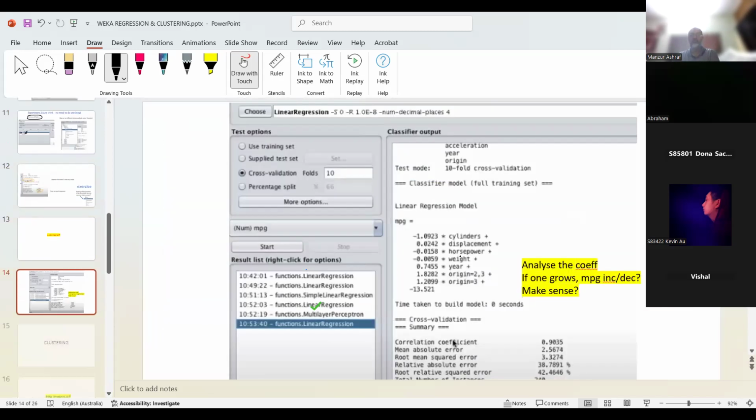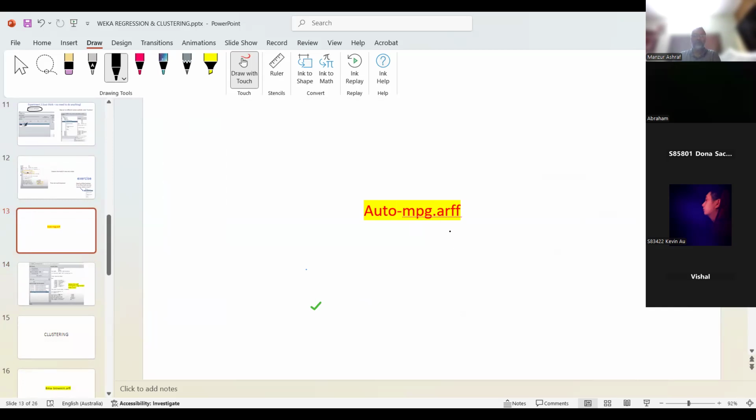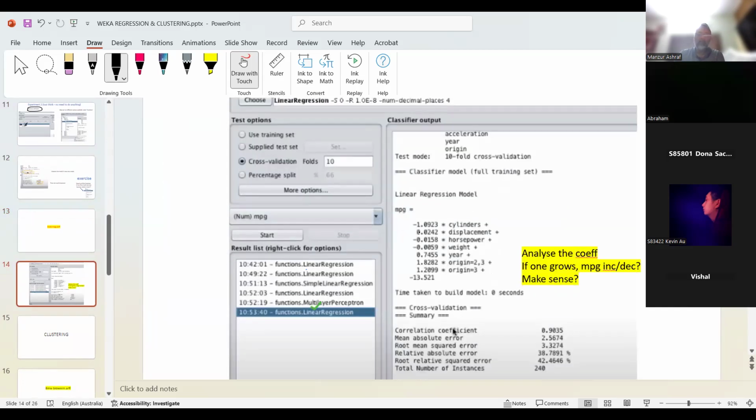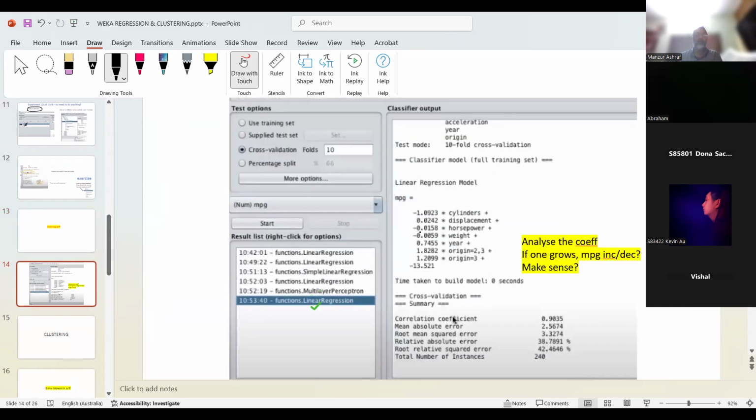Okay, so auto MPG is another data. Auto MPG is actually the price of a vehicle, price of a car. No, sorry, this is actually MPG, how many miles or how much distance it covered, MPG, is this equation.